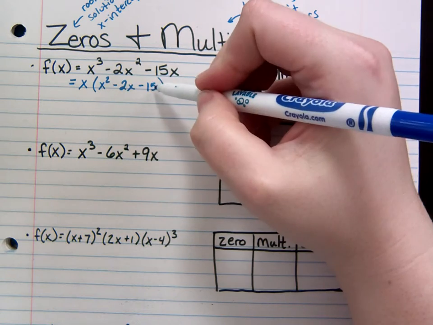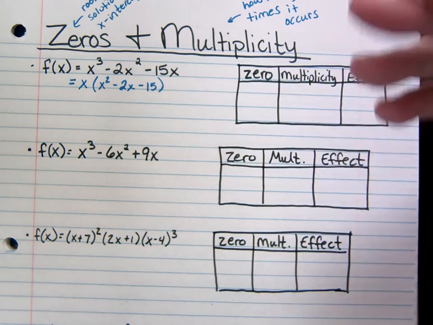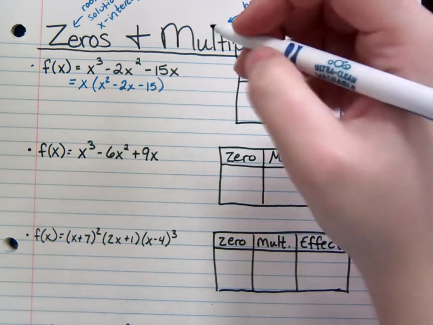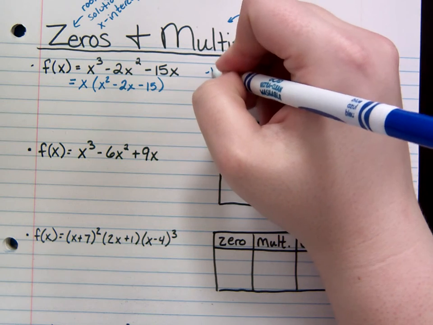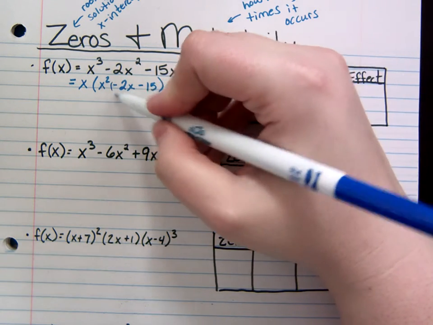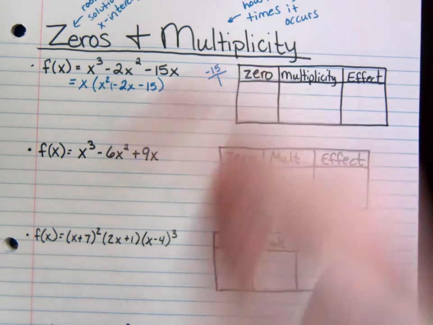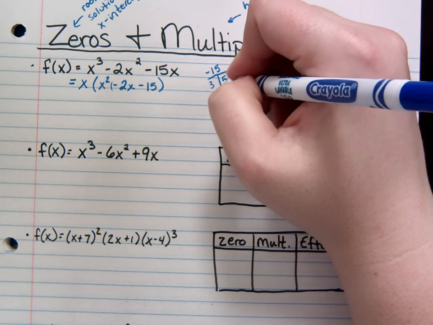Now, we have a quadratic expression, and when we talked about quadratics, we talked about how to factor those expressions. So in this one, I'm going to find two numbers that multiply to be negative 15, but add to be negative 2. Numbers that multiply to be 15 are 3 and 5.